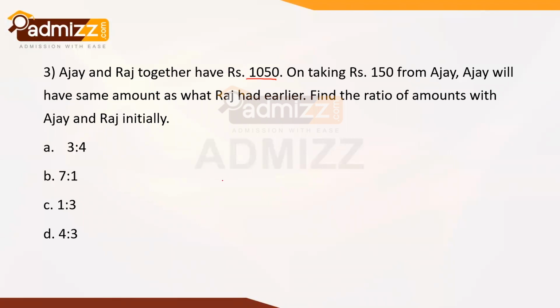All right, so let's make equations. Let the amount that Ajay had be rupees A, and let the amount that Raj had be rupees R. So we've got A plus R is equal to 1050.